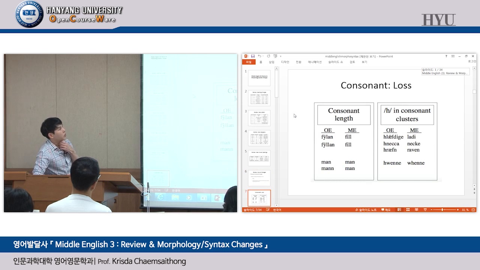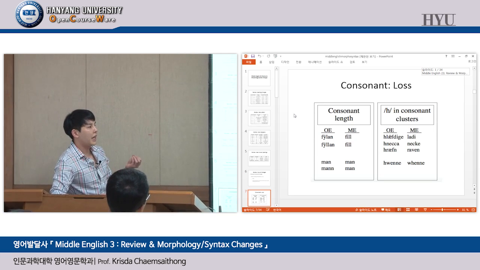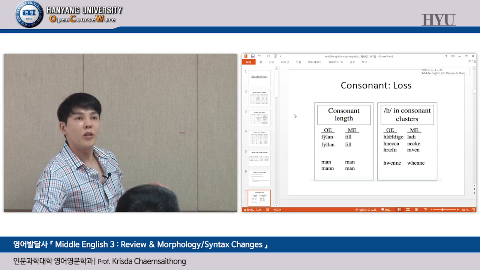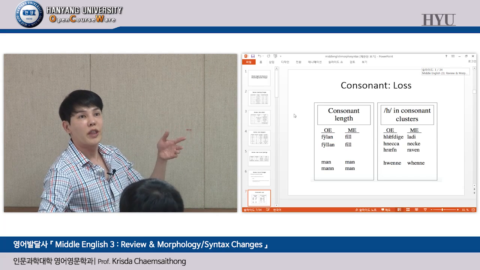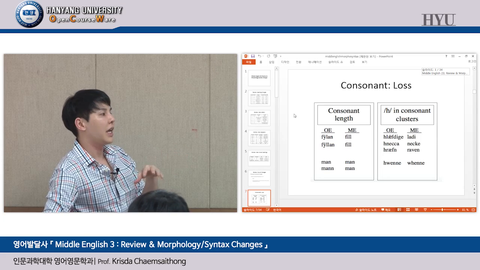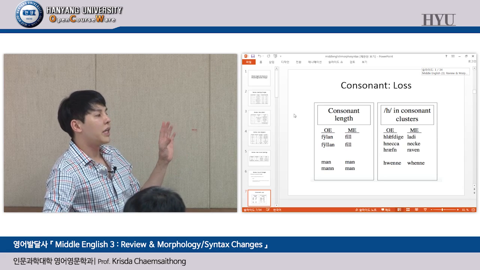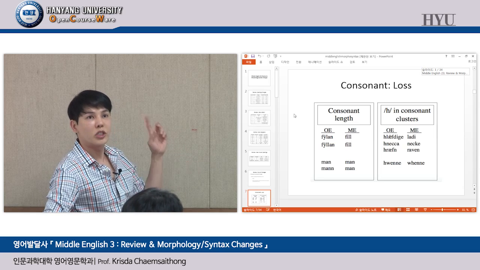And we talked about consonantal losses, for example, the length, right? So when you have double consonants in Old English, they will usually be pronounced longer than just one, right? So the double consonants were on the way out, so you just replace them with just one.